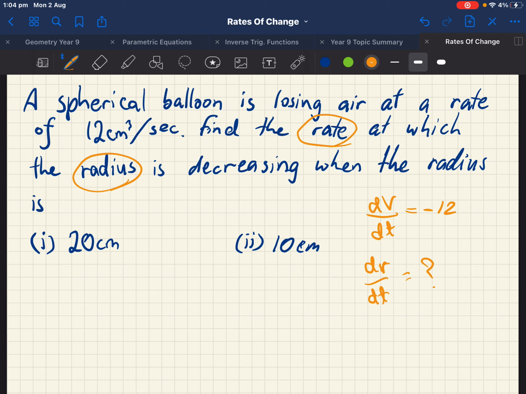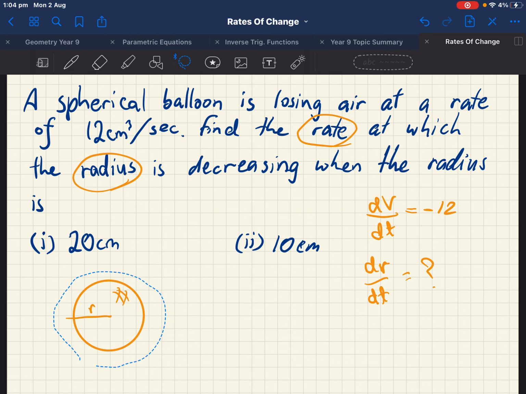The only other thing we need to do is somehow link V and r. Fortunately, because the balloon is spherical, we know the volume. Let's make this a better sphere. So we've got some sort of sphere. It has a radius.